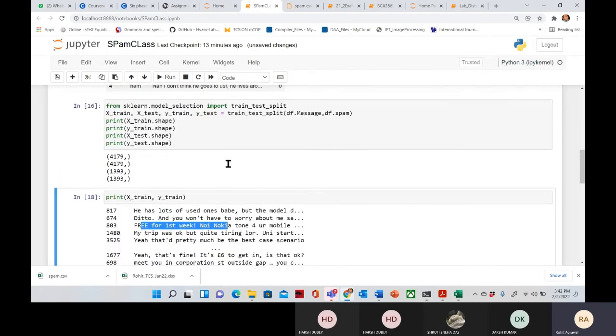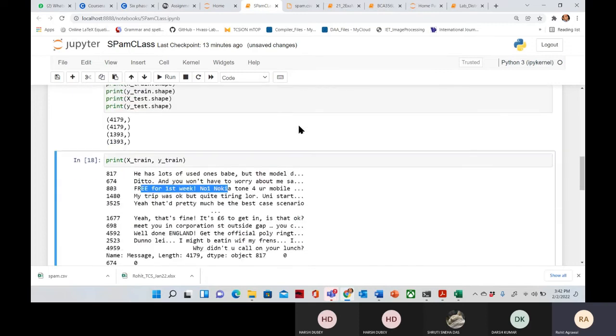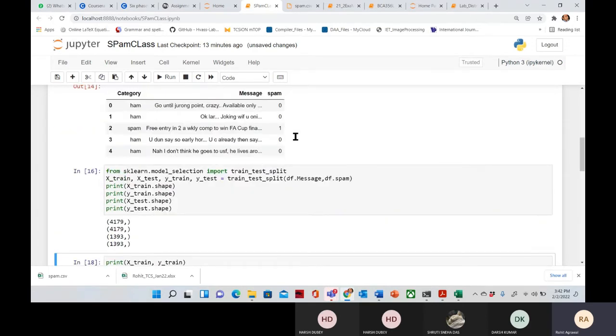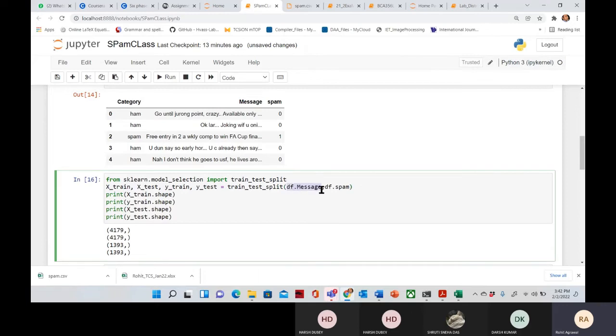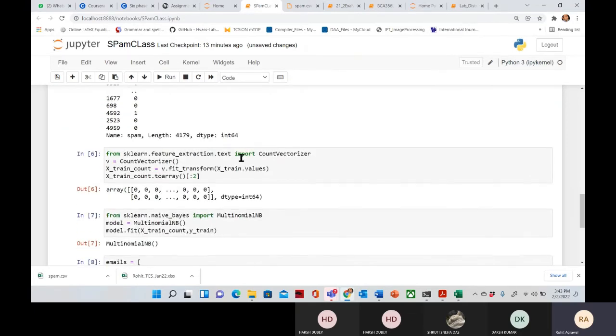Clear. So we have this training data and testing data. Now, here we have taken only the message column and the spam column. We have not taken the whole data frame, so we have not taken the category column. We have taken only these two columns. Now we will use count vectorizer.